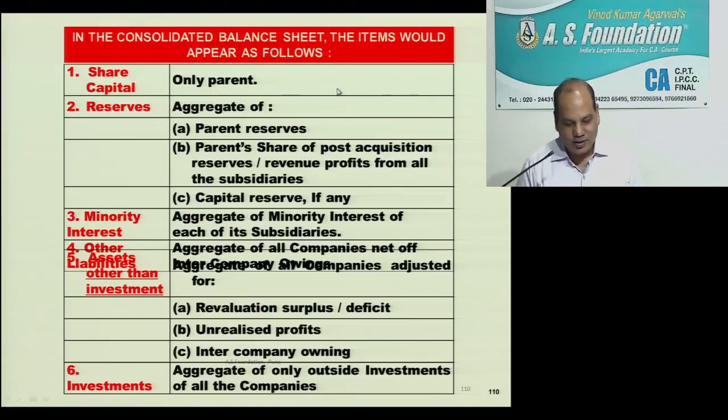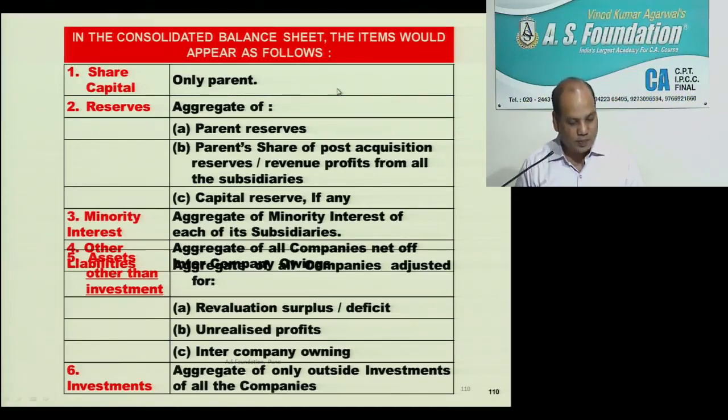Okay, now last part. Then I will give you some question to solve. In the consolidated balance sheet, summary of our discussion for the last 2.5 days: share capital of only parent will appear. Reserve of parent will appear full, and parent share of post acquisition reserve or revenue profit of subsidiary will appear.